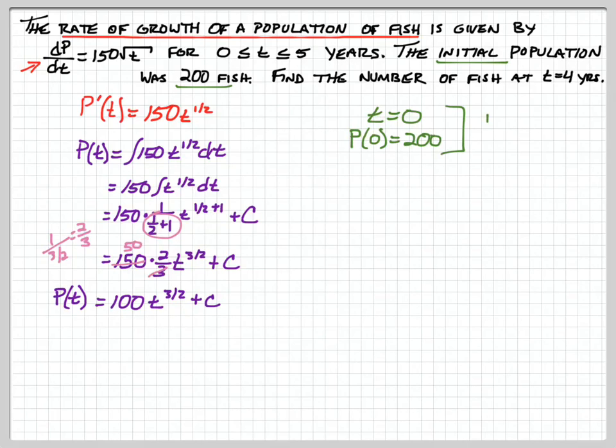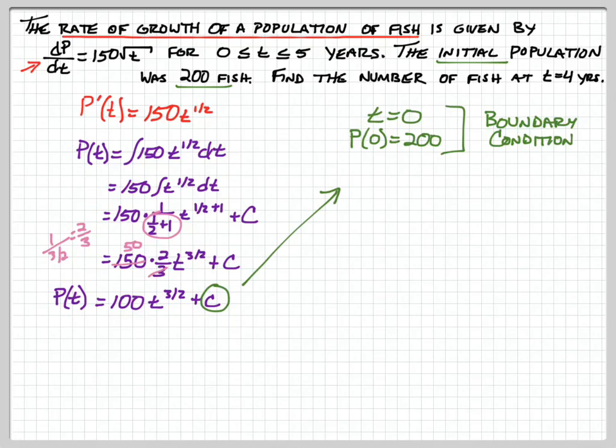Alright, so we call this a boundary condition. A boundary condition is a condition that helps complete the function for this specific situation. Anytime we take the integral, we have this constant of integration c, and it just hangs out there. We don't know what it is until we get some of these boundary conditions.